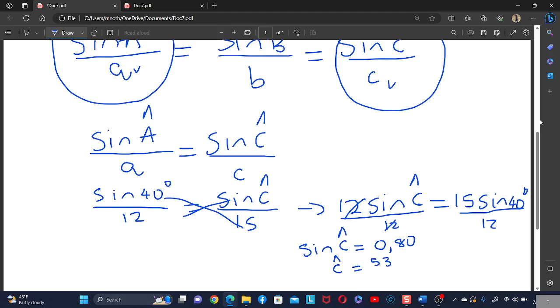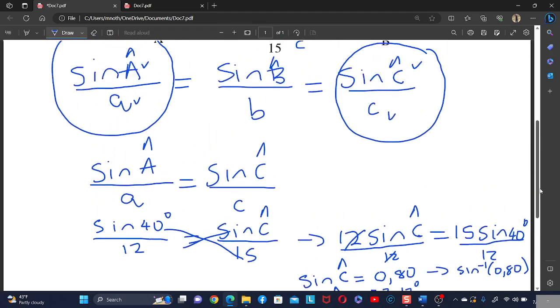This is how you can put this in a calculator: you can just say sine inverse of 0,80 and it is going to give you this. Now we have found the angle C.